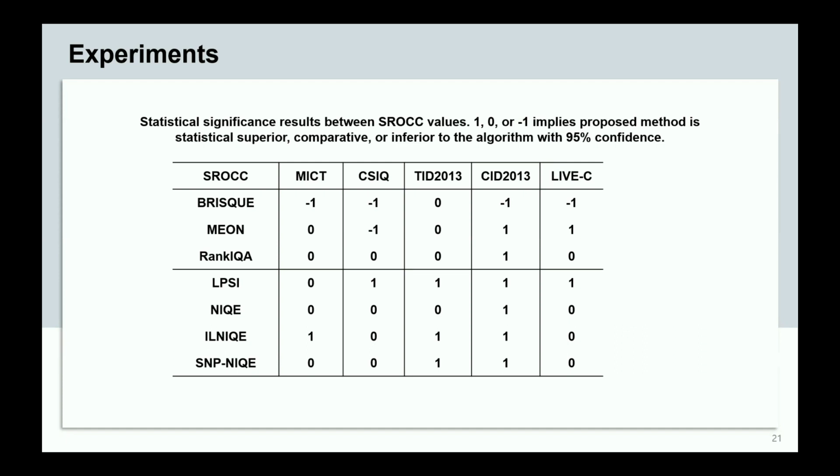The unsupervised methods are a little inadequate compared with supervised ones. The proposed method is no worse than other unsupervised models. It has comparable performance with NIQE and SMP-NIQE, and is better than IL-NIQE and LPSI on more than half of the databases.